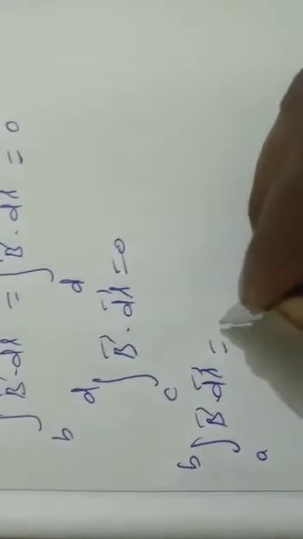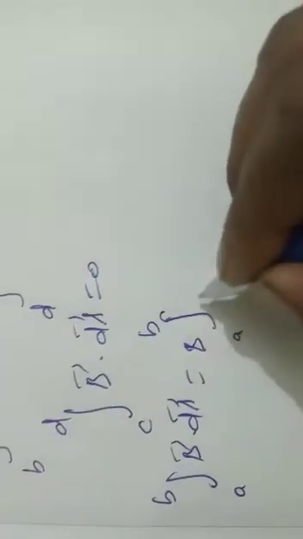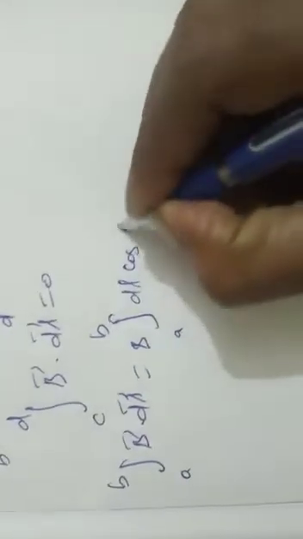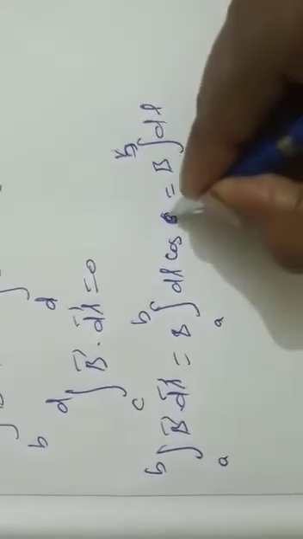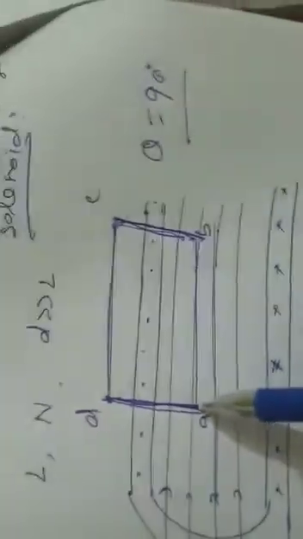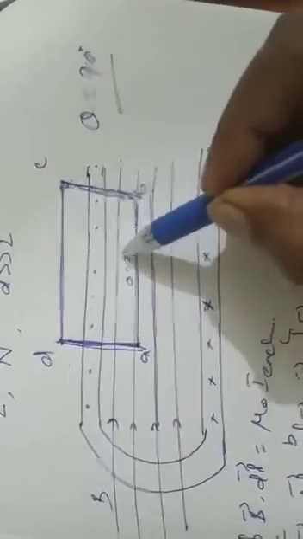So for the path along AB, the integral of B vector dot dl vector from A to B is B dl cos 0, which becomes B times the integral of dl. Cos 0 becomes 1 because this length element AB is parallel to the magnetic field, so the angle theta is equal to 0 for AB.